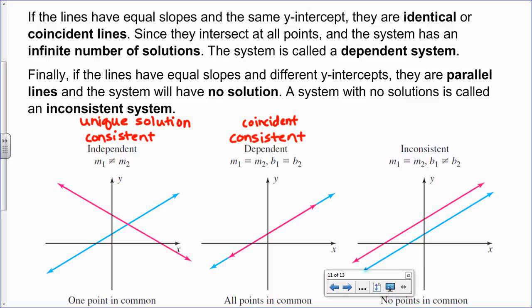So these are consistent independent. These are consistent dependent. Okay.